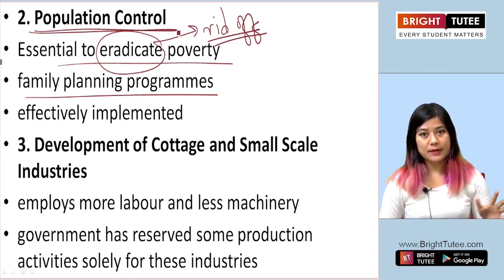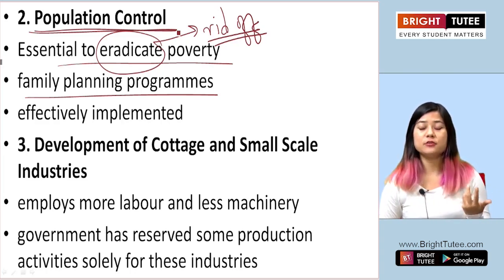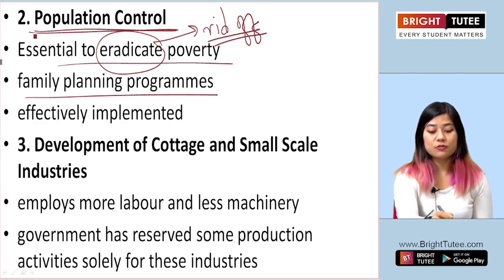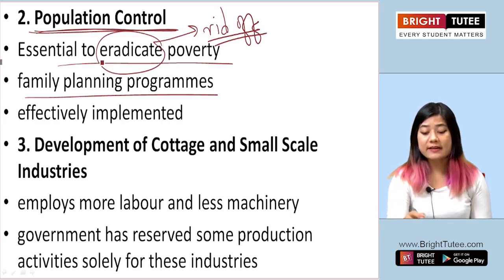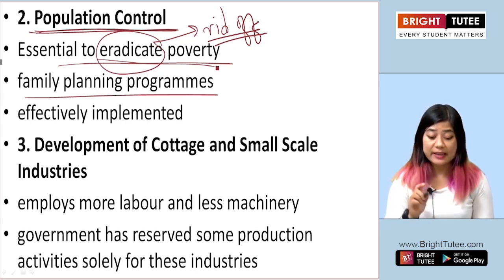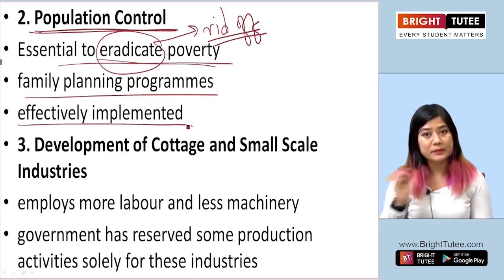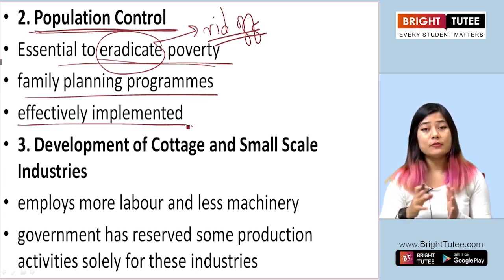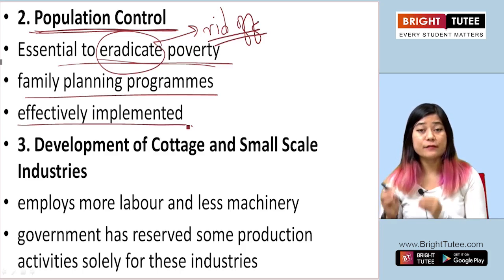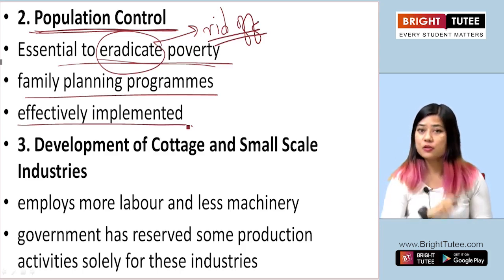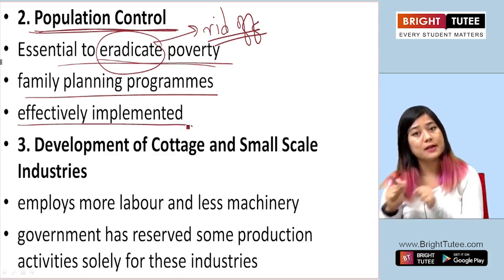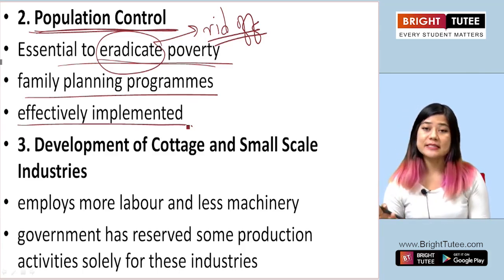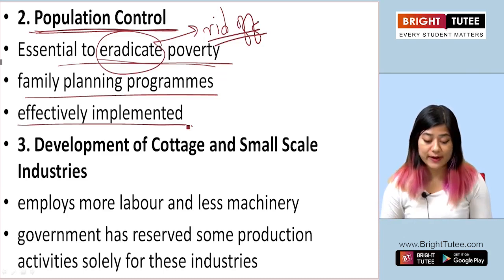So just the initiation of those programs, just by starting those programs, will not control the population, will not eradicate poverty, but they have to be effectively implemented. We have to make sure, or the government has to make sure, that those programs are implemented effectively, that people are making use of the programs, that the programs are helping people in the population control measures to eradicate poverty altogether. All right.